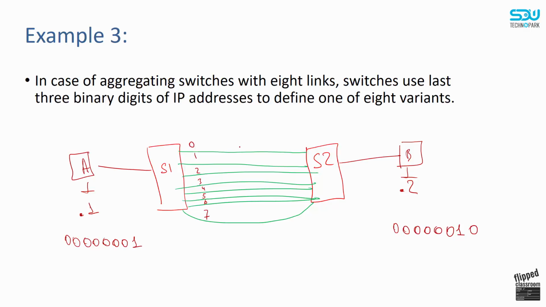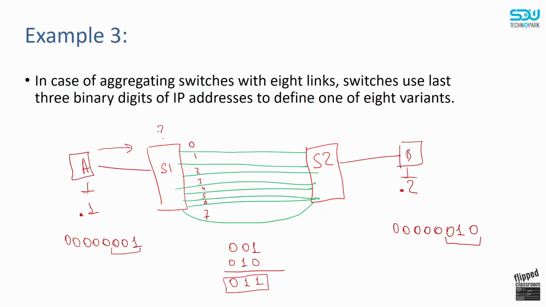To understand through which port you have to send this information, switch 1 will think about it like this. It will take these 3 bits and these 3 bits. Okay, and we'll have 0, 0, 1 and 0, 1, 0. So as the result, we have 1 XOR 0, which gives us 1, 0 XOR 1, which gives us 1, and 0 XOR 0, which gives us 0. And our information will be sent now.